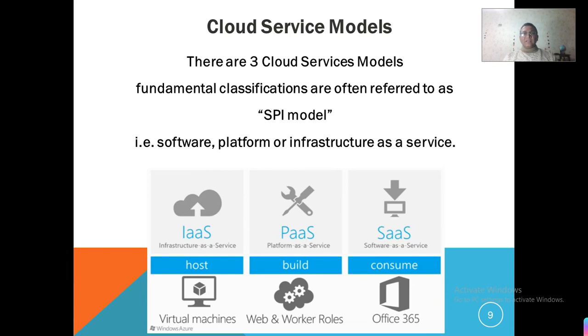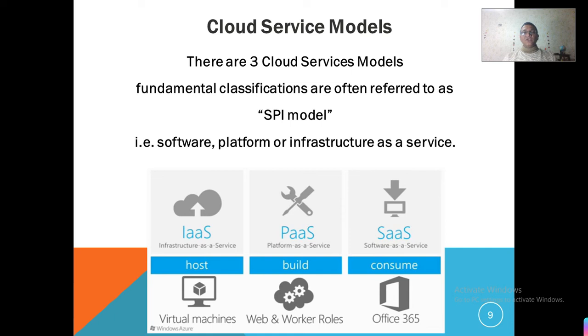So here cloud computing can be used in three ways. One is software as a service, which we call SaaS. That means you are only getting the services which are provided by the cloud. You are not allowed to deploy, and you are free from taking care of patches or managing the services.